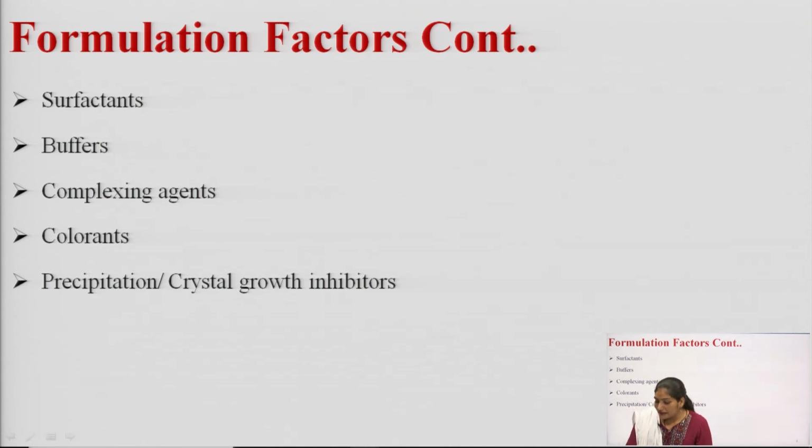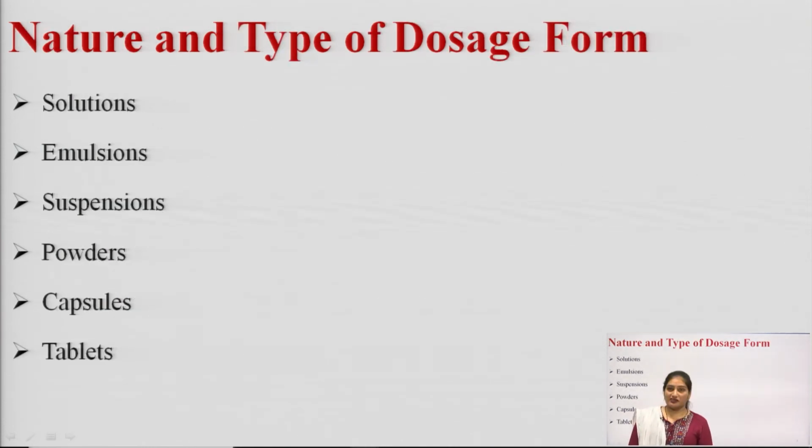Now, next is the nature and type of dosage form. As we all know, apart from the selection of the proper drug, clinical success also depends on the selection of the proper dosage form. The dissolution or the bioavailability will vary depending upon the dosage form. In case of solution, it will be more as compared to the emulsion.